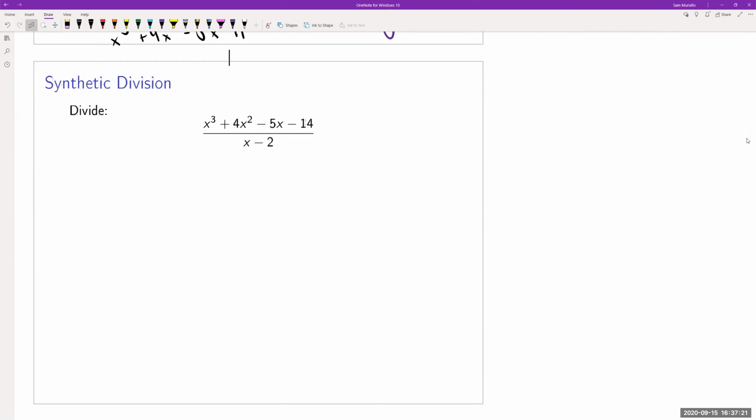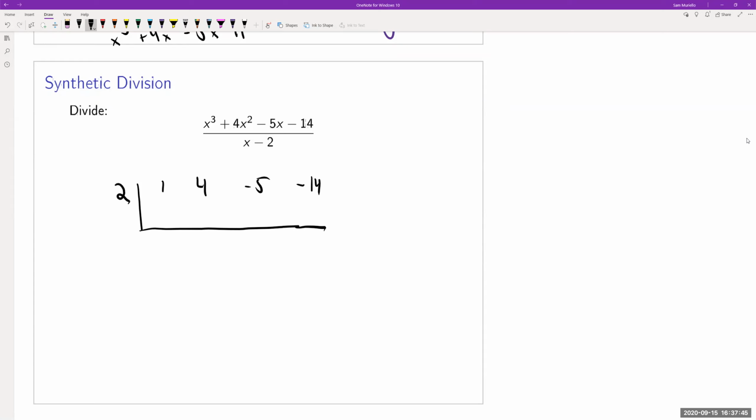First of all, we'll just copy inside this L the coefficients of the thing we're dividing: 1, 4, -5, -14. We'll also copy the thing that we are dividing by, but this time, since it's x minus 2, we're just going to copy the 2.